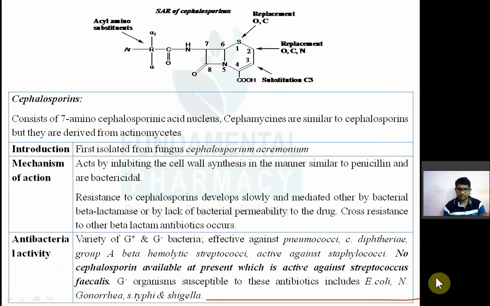These organisms are sensitive to cephalosporins, but there is no cephalosporin available which is active against Streptococcus faecalis. So cephalosporins are active against the organisms mentioned above, but not active against Streptococcus faecalis. Now we'll see the next.